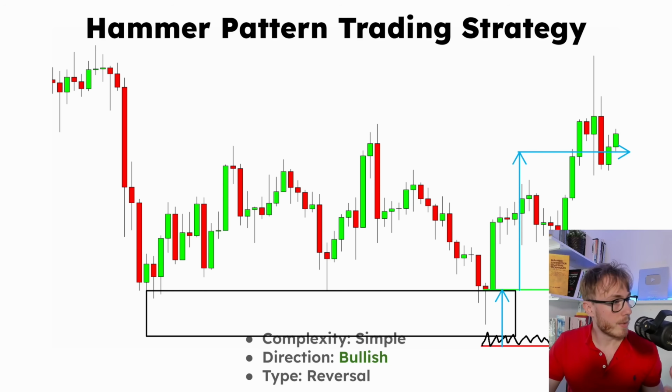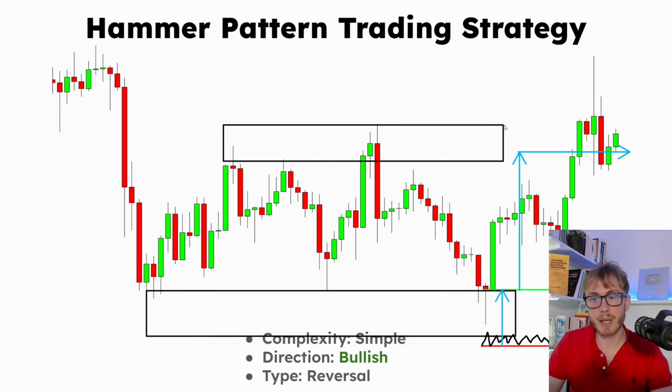Once again, when it comes to target levels, we can also use support and resistance levels. In this case, we can see that we have some sort of resistance area right here. So it can make sense, when you have a resistance area like this, to place the target just below the resistance.